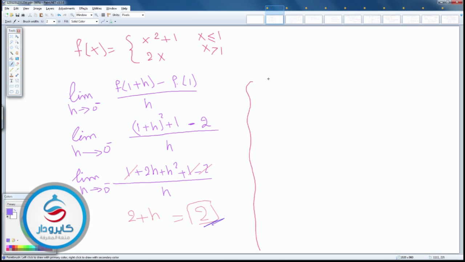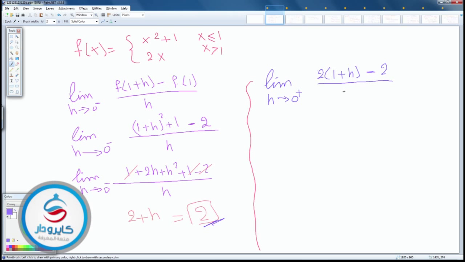Let's try to get the right limit. Limit when h tends to 0 from the positive or plus, f of 1 plus h على طول بقى تبقى 2 times 1 plus h minus 2 over h. It will be 2 plus 2h minus 2 over h.